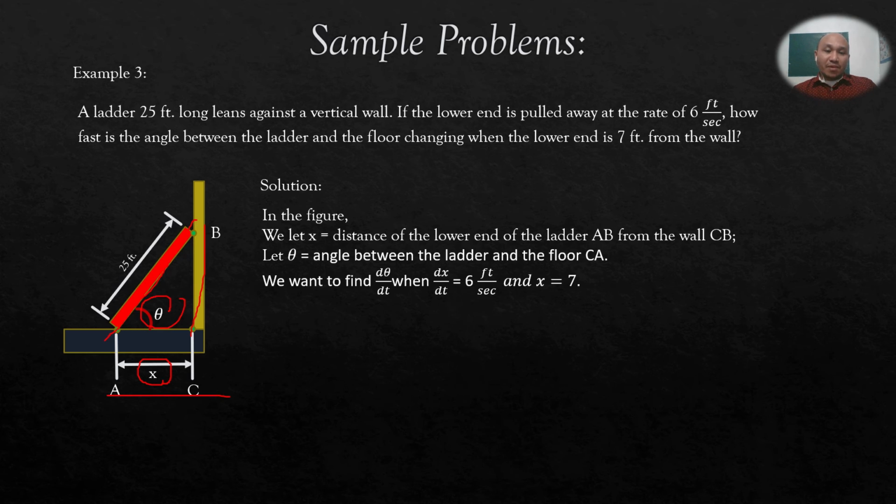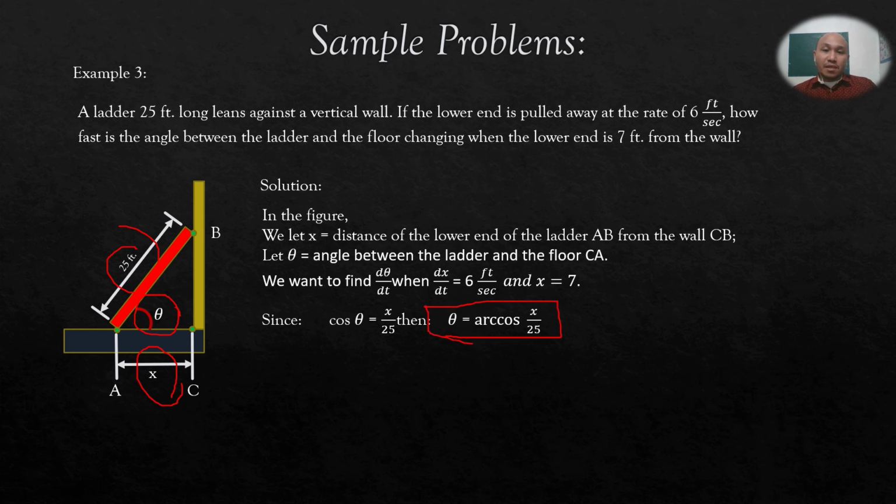So we want to find here d theta over dt when dx over dt is equal to 6 feet per second and x is equal to 7. Since cosine theta is equal to x over 25, then theta is equal to arc cosine of x over 25.